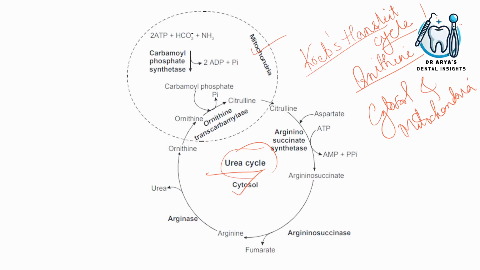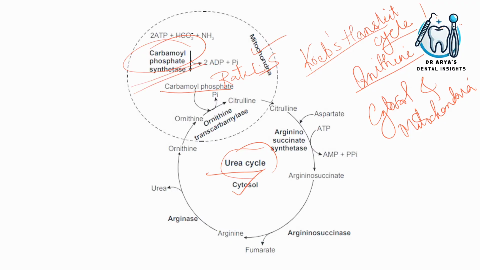Okay. So in the first step, bicarbonate ion combines with ammonia and is converted to carbamoyl phosphate by the enzyme carbamoyl phosphate synthetase. This is the rate limiting step, and this enzyme is known as the key enzyme of urea cycle.